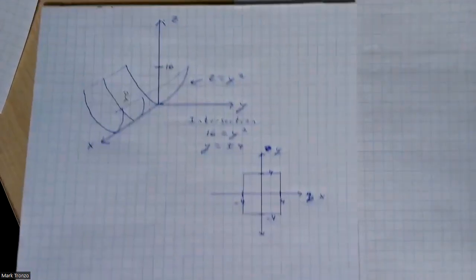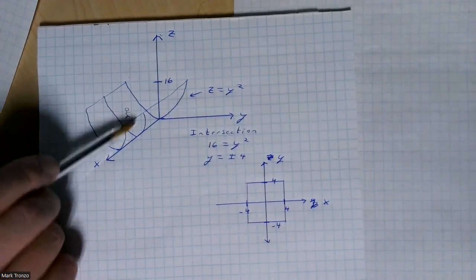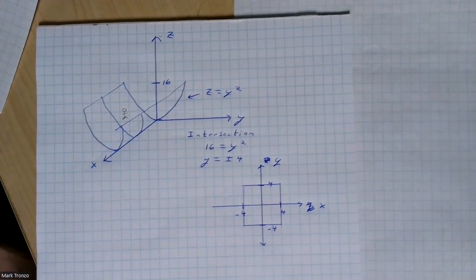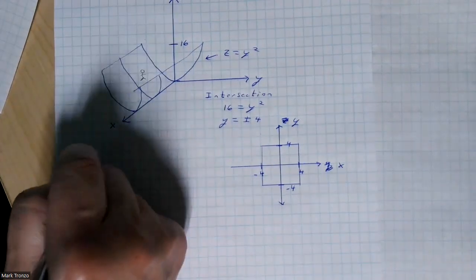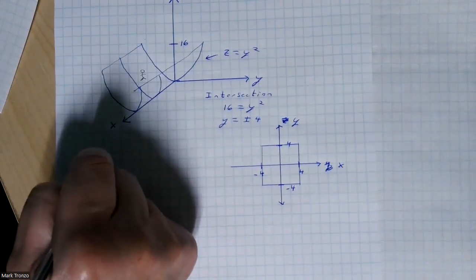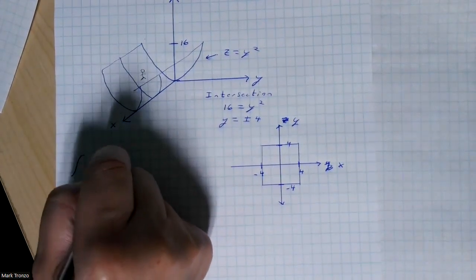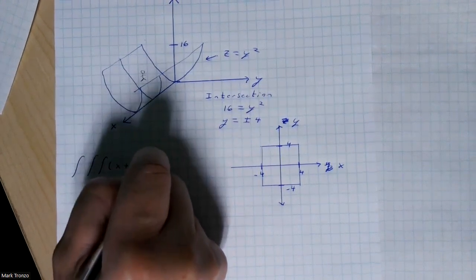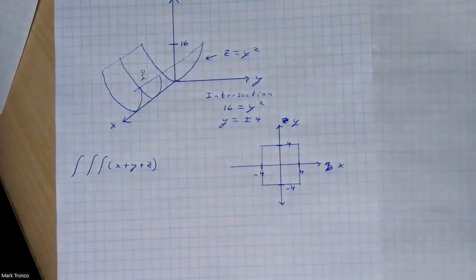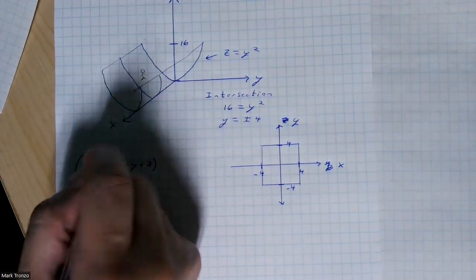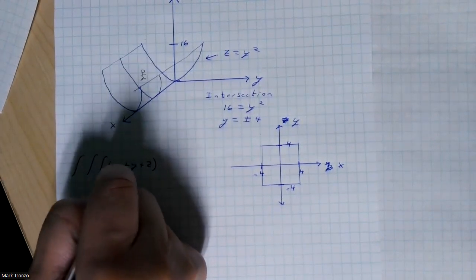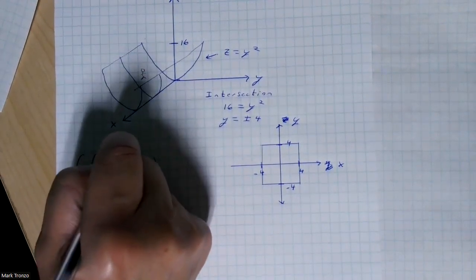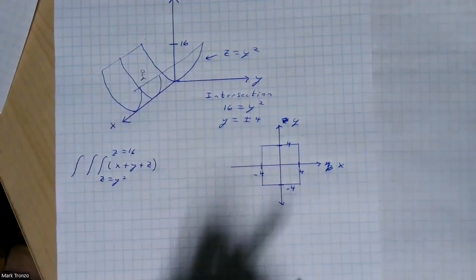So again, we're going to integrate over z first. So let's make this x plus y plus z, and we'll do from z equals y squared to z equals 16.